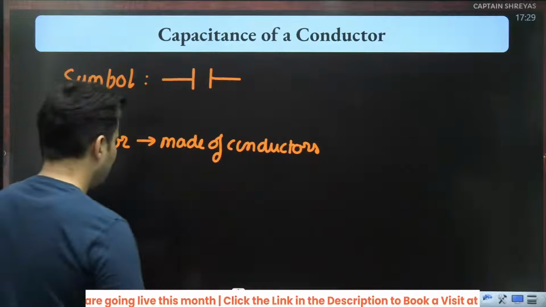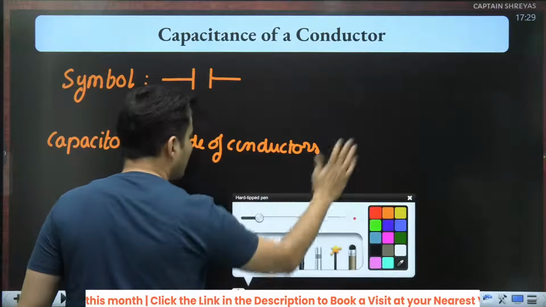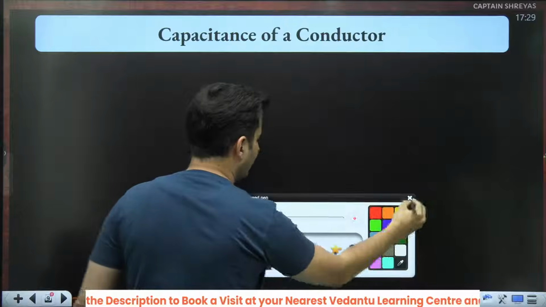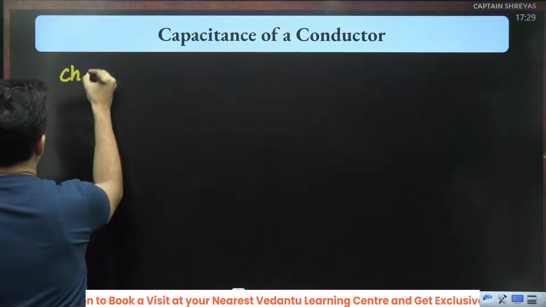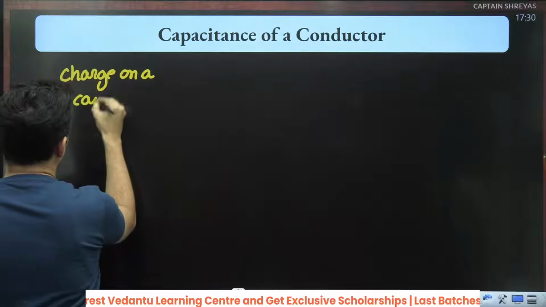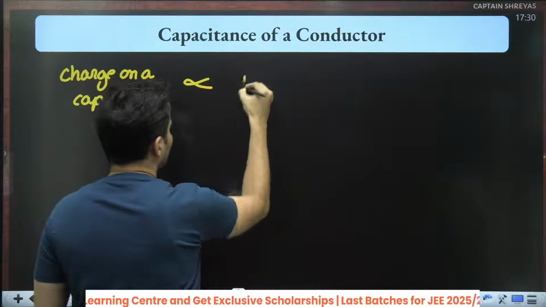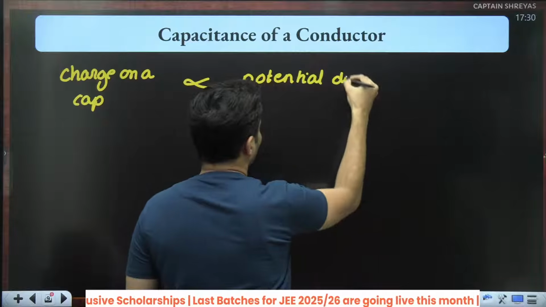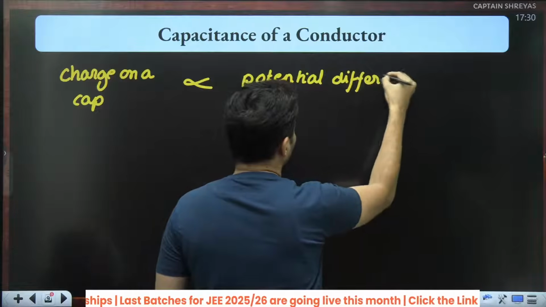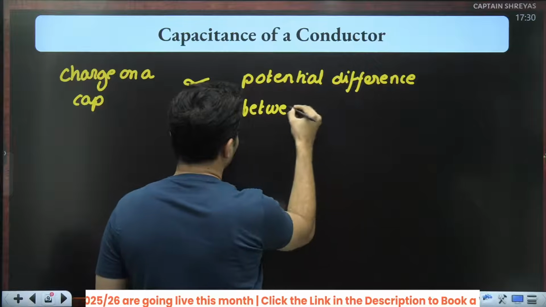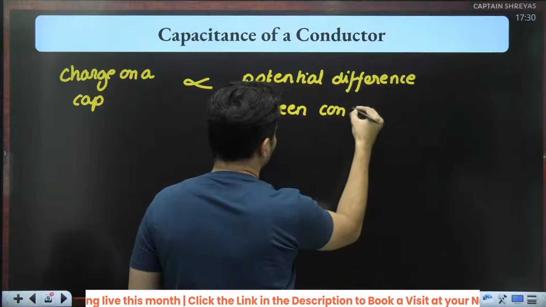Now, like I said, this charge is directly dependent on the voltage which you apply between the conductors. So the charge on a capacitor is directly proportional to the potential difference between the conductors.